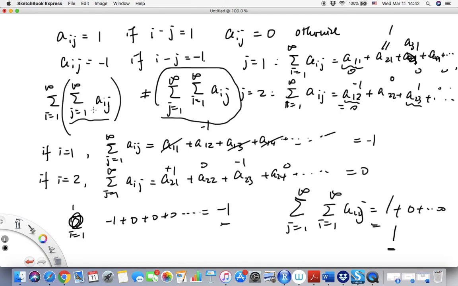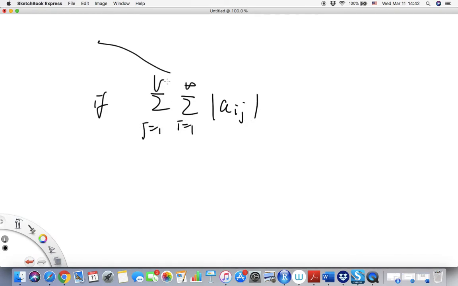Okay? So when can you switch summations? If this is convergent, then it is okay to switch summations. In other words, we still need absolute convergence. Let's recall a theorem we know from Calc 3 called Fubini's theorem. What does it say?